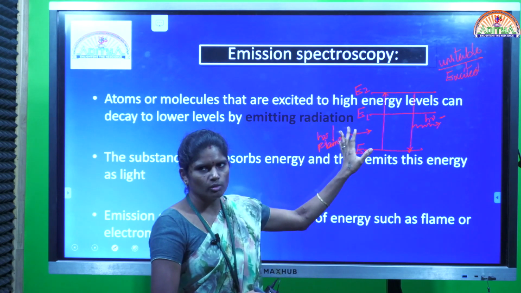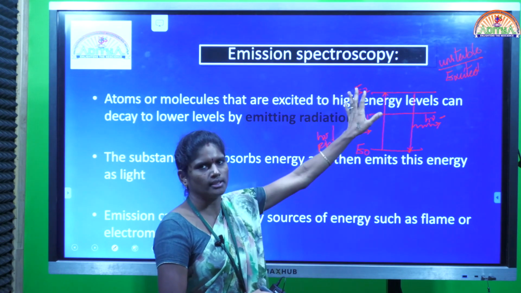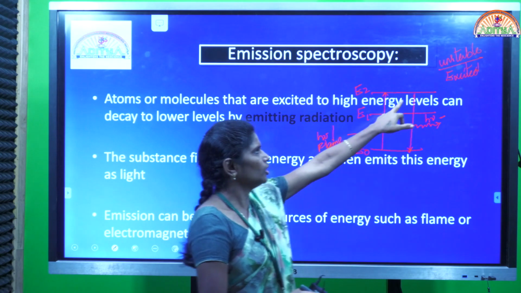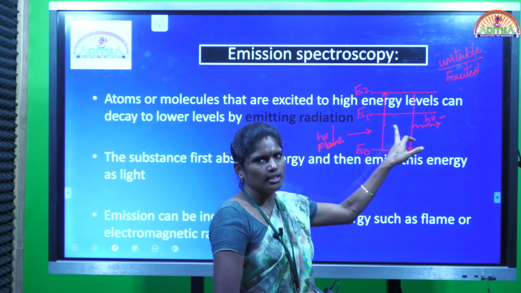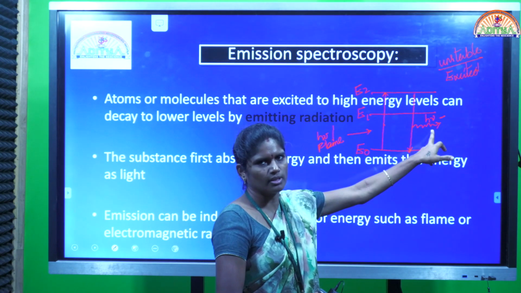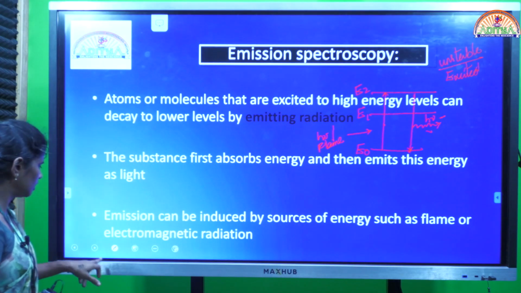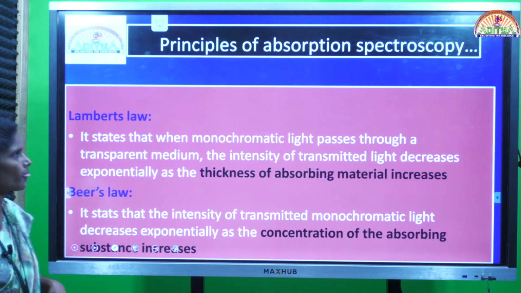Once the molecule has been excited to a higher energy level, the next step is the relaxation process, during which radiation will be emitted from the sample, which is nothing but the loss of energy in the form of radiation.